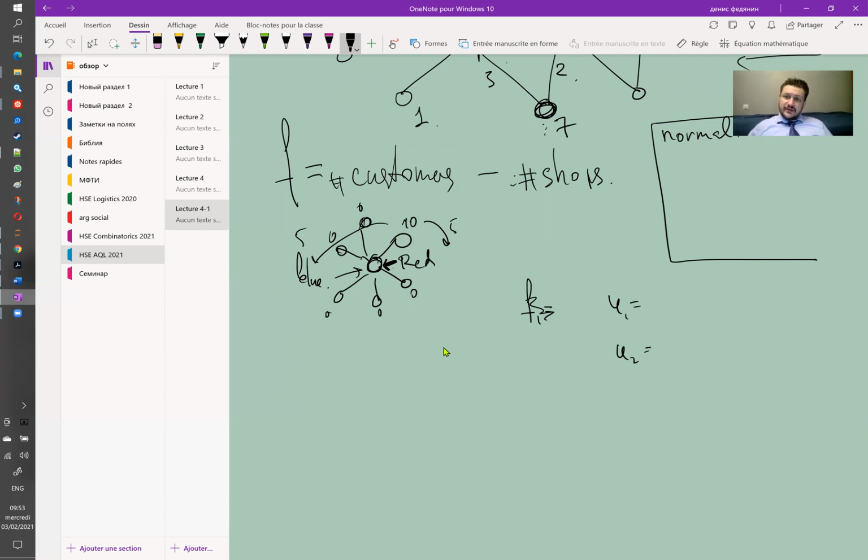How should we find the Nash equilibrium? I have described the details of this in the previous lectures, so I'm not sure that I should recall it, but maybe I should. So the basic idea of the game is that we have a set of agents, we have a set of strategies, here a set of places where they can place shops.